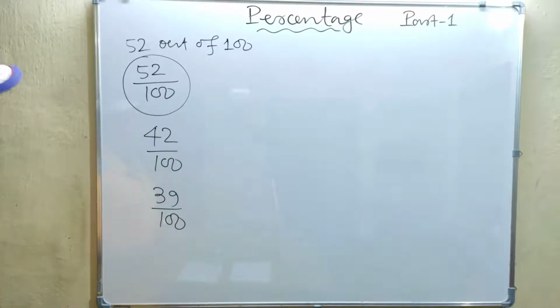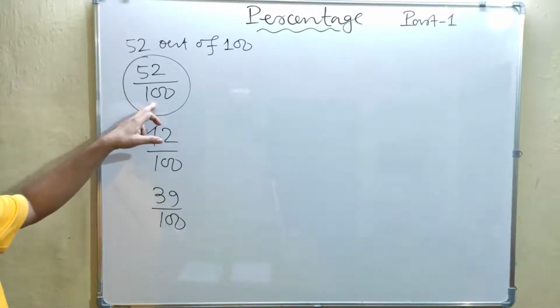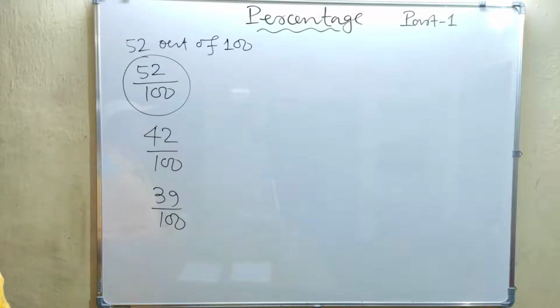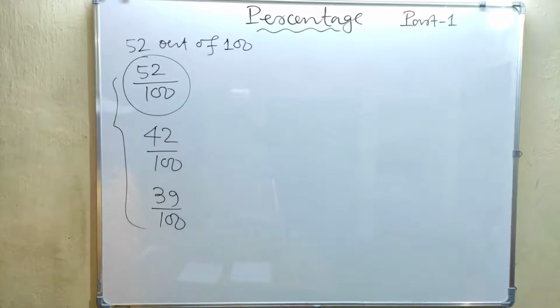So we can say a fraction whose denominator is 100 is called percentage. कोई भी फ्रैक्शन जिसका डिनोमिनेटर 100 होगा उसको हम लोग परसेंटेज बोलेंगे. These all are called percentage.